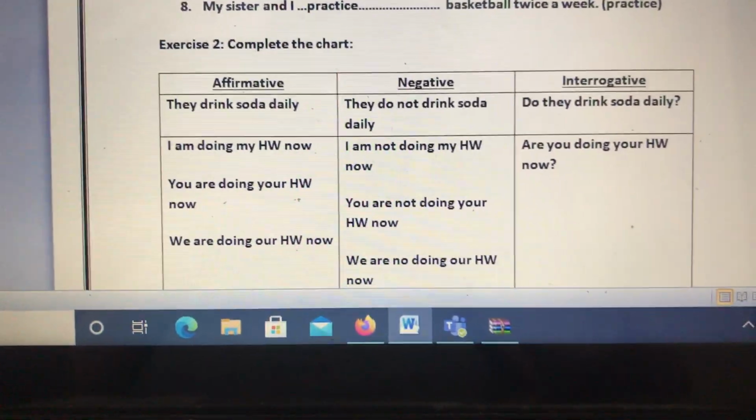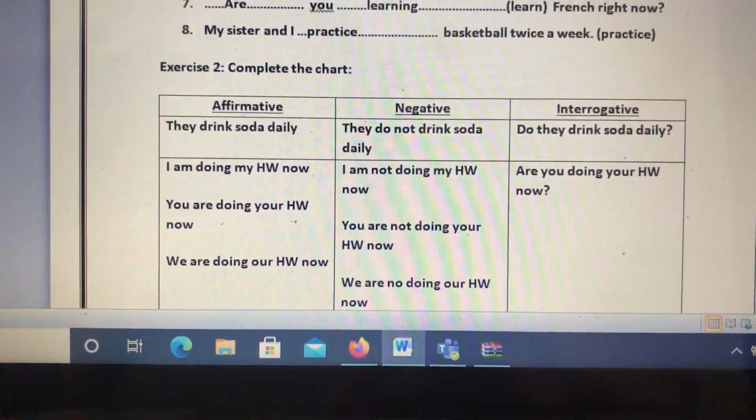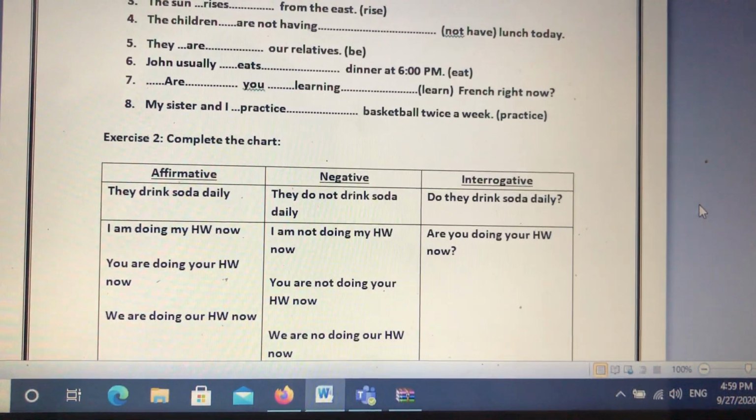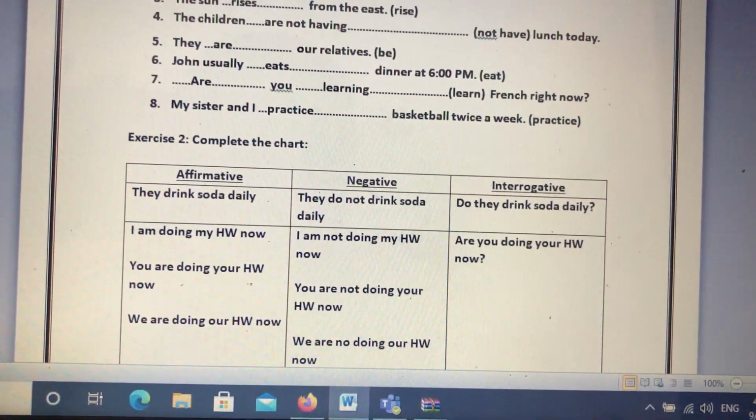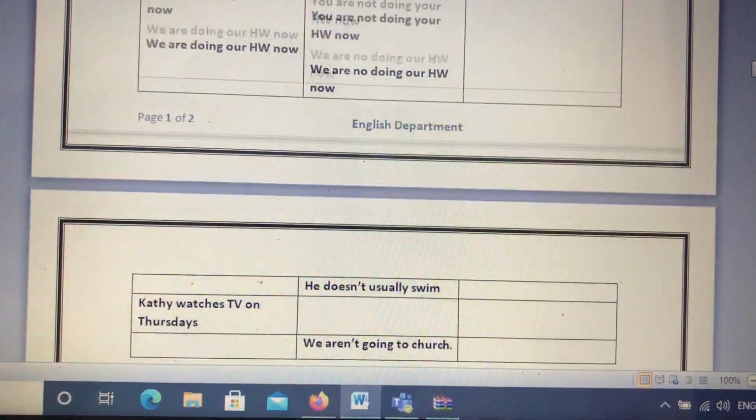So here for this question we have 3 different answers, and it is regarding if it's in the singular or in the plural form.